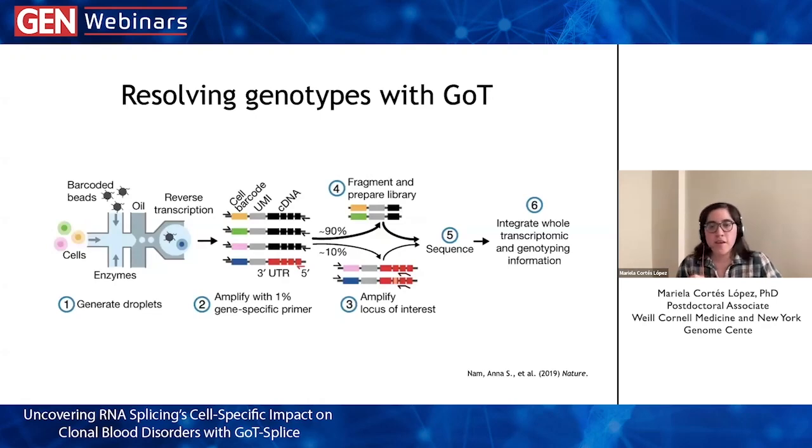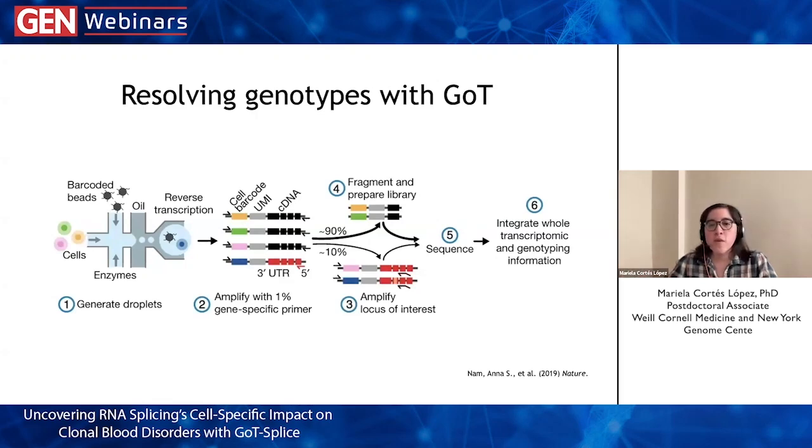So previously in the lab, some of my colleagues developed this technique called genotype of the transcriptomes, or GoT for short. GoT relies on the commercial 10x Genomics assay, which allows for the generation of single cell reads. The single cell reads are then amplified using a specific primer targeted to the mutation that we are interested in.